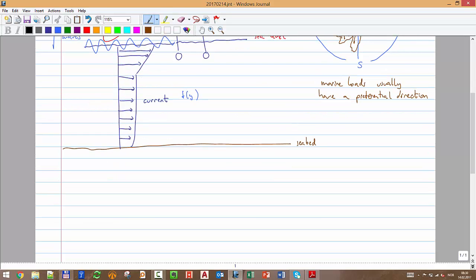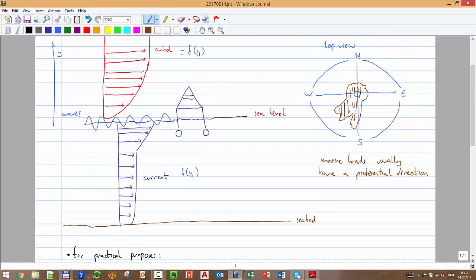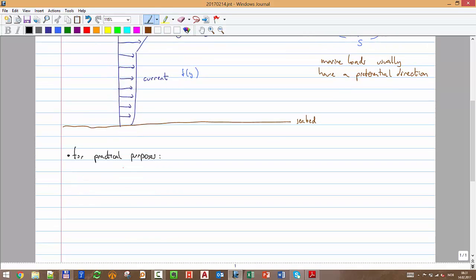Now, for practical purposes, wind is usually considered constant. What you do is an integration on the surface, and you represent all the wind by one component, a uniform constant value that doesn't change with time.